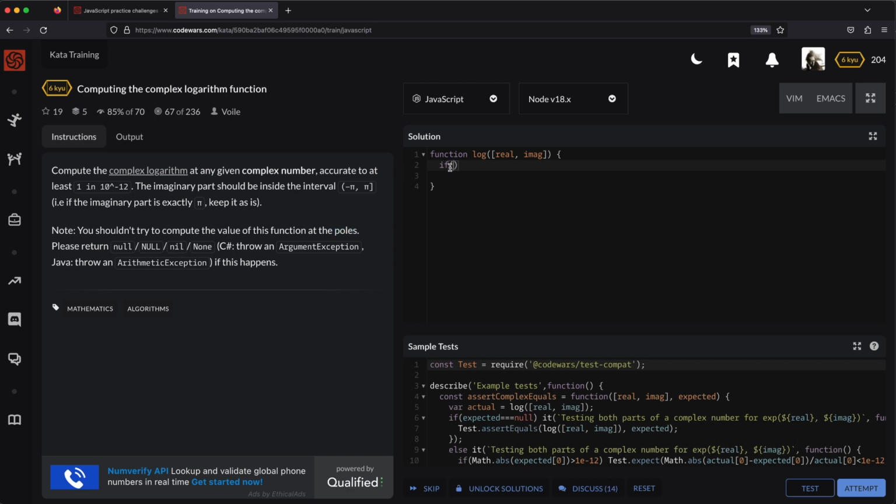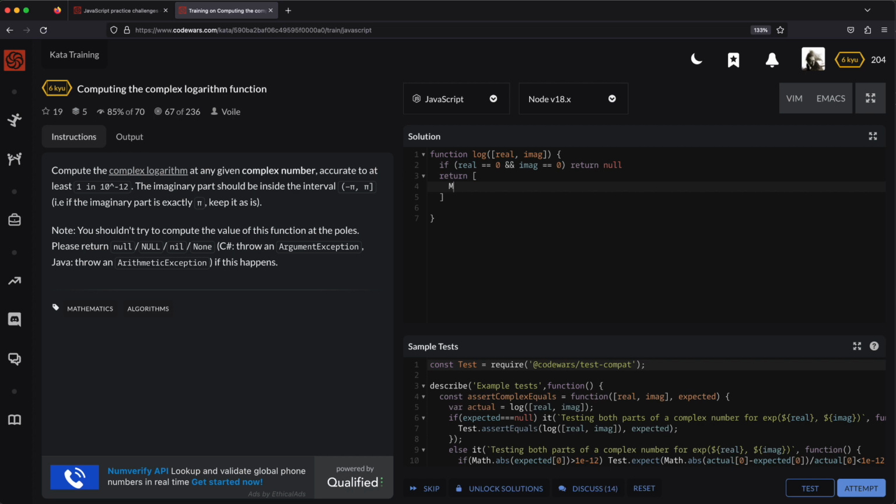So I would say if the real part is 0 and the imaginary part also is 0, then return null. Otherwise, I need to return two values.